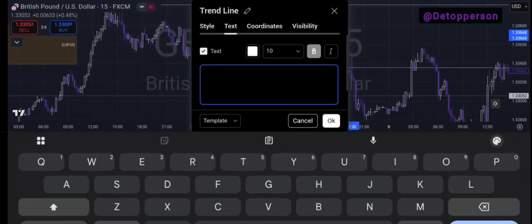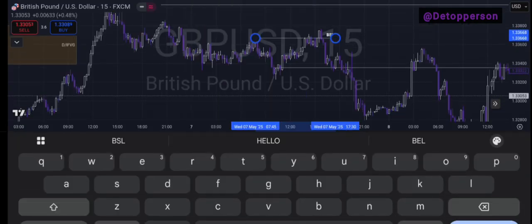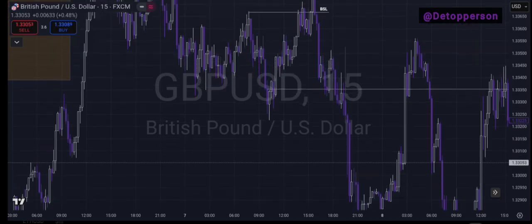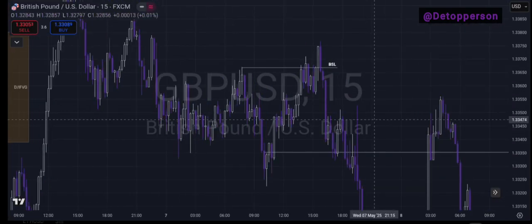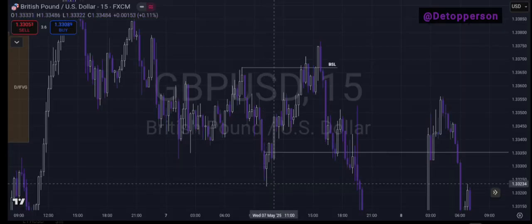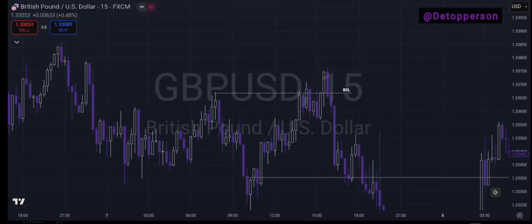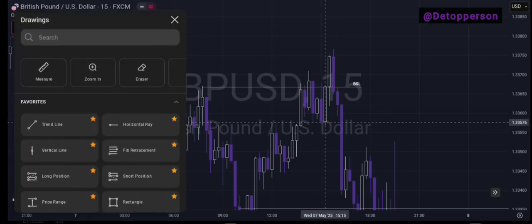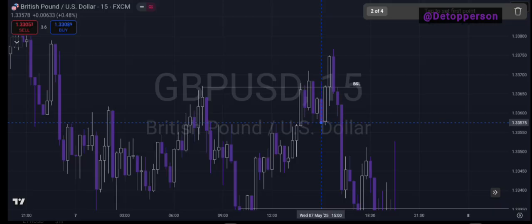That will be our buy side liquidity. And then what happened? You see the price sold all the way down to this point. But look closely. This right here was our what?